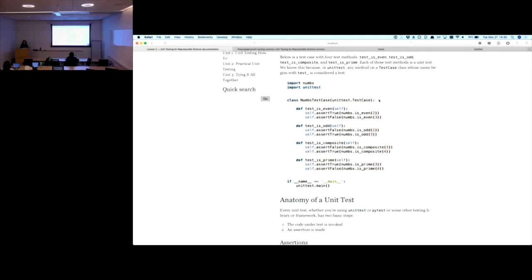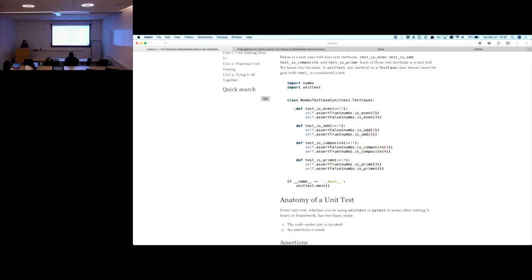So in Python, unit tests are organized into test cases, which are classes. If you've never worked with a Python class before, this might be pretty scary. We're not going to get into Python classes really at all in this session. This is not what this session is about.